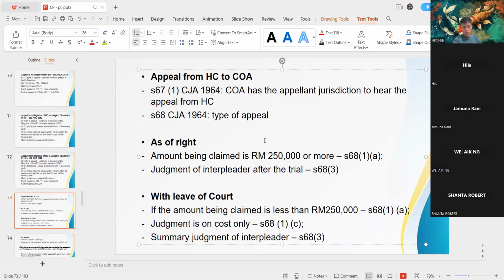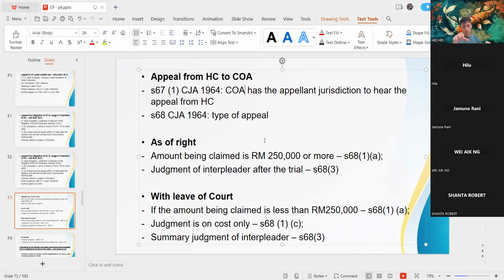As of right means that you can appeal without the leave of court. So if the amount being claimed is more than 250,000, yes, it is as of right. And another one is the judgment of interpleader after the trial.